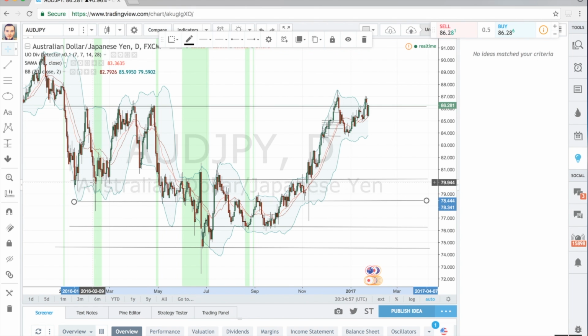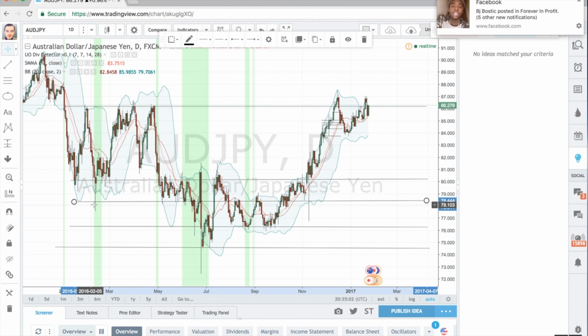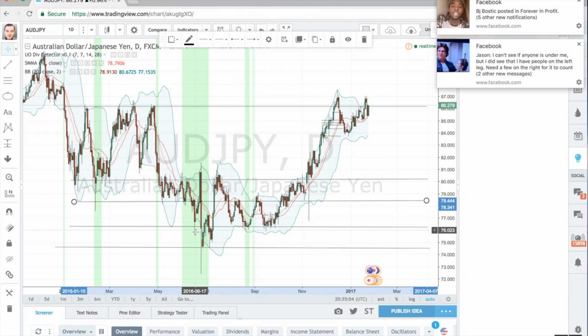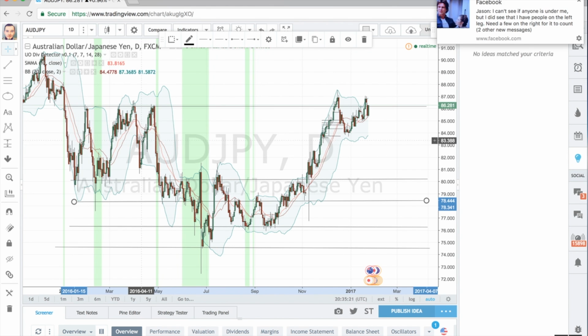So the reason I'm marking these is because you can see lots of touches. This even tried to come down and touch here. Touch, touch, touch, more touches. This even tried to touch it. This touched too. Another touch here. You can see even more support and resistance on these smaller time frames that I've marked up as well.